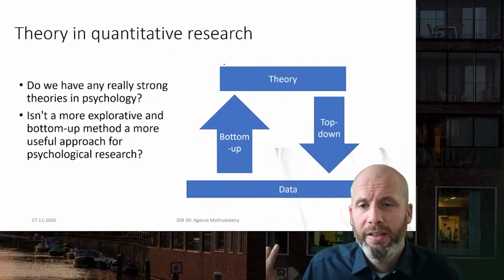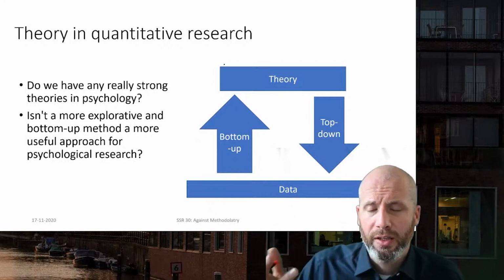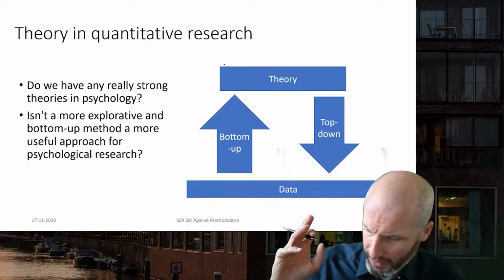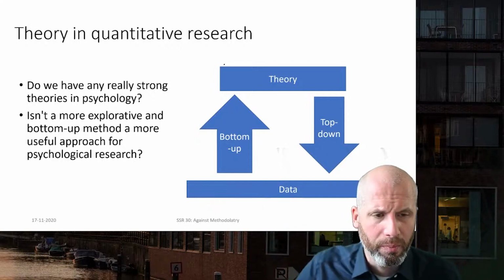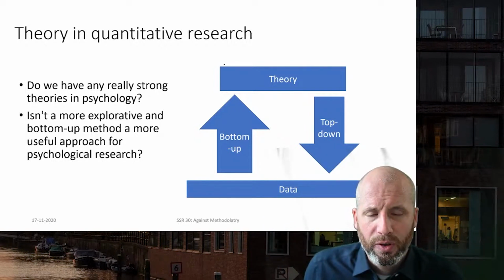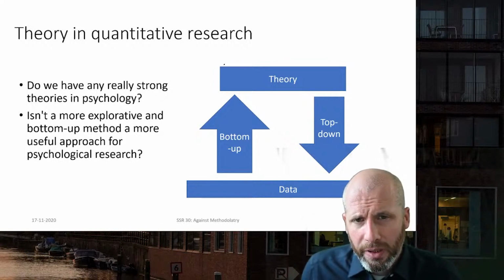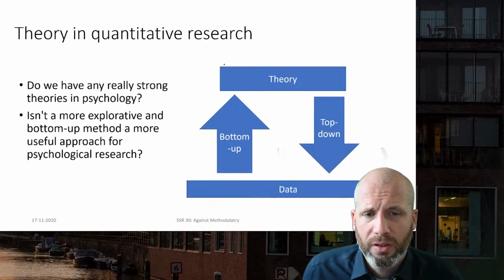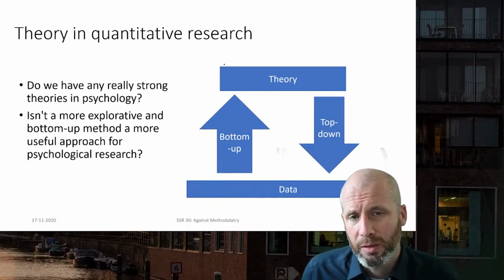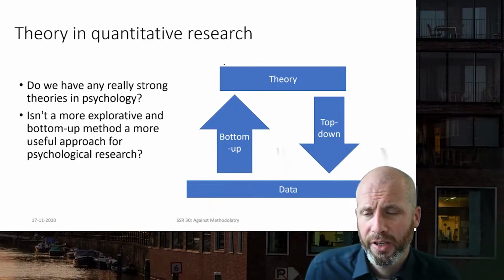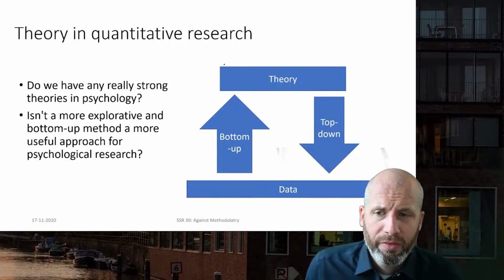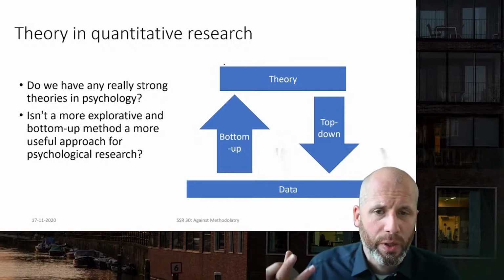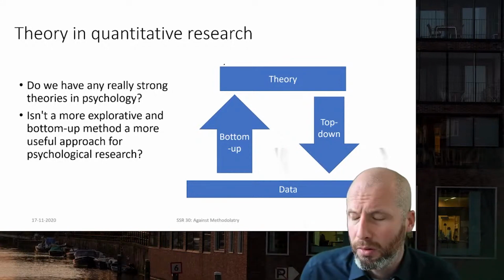So perhaps that hypothetico-deductive model of doing science, having a theory, deriving hypotheses, testing them, and moving on to new research, is an ideal, but in practice our theories aren't that well developed in psychology, perhaps because it's a young science and we're just getting started. But that should at the very least make us more open-minded about doing more exploratory research, regardless of whether that exploratory research is quantitative or qualitative.